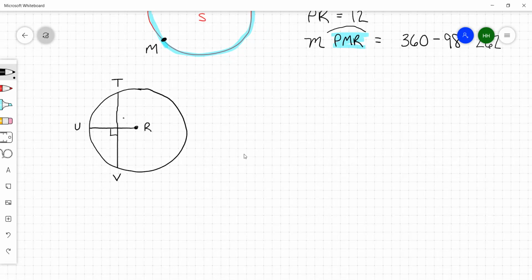This is point S right in here. U to S is 5, and S to R is 6. And you're asked to find TV to the nearest hundredth.